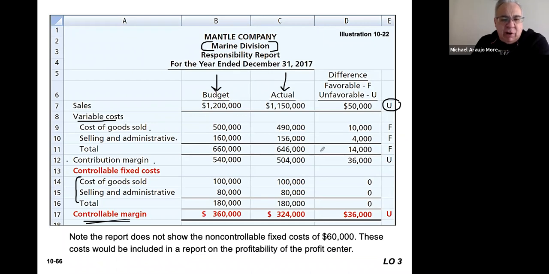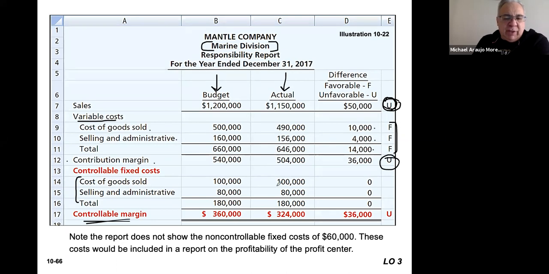Even though the variable costs all came in favorable, okay, they spent less on cost of goods sold and selling and administrative costs, so their total variable costs were less than what they had budgeted. However, when you compare that to the fact that they missed their sales by such a large amount, you still had a contribution margin that was below the expectation by $36,000.